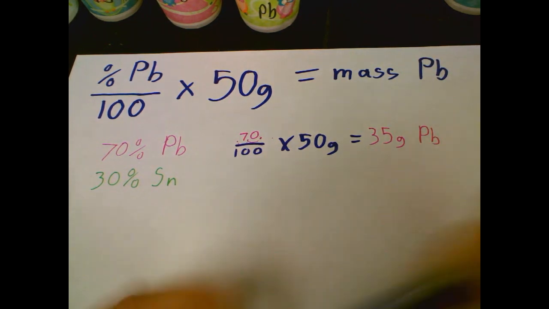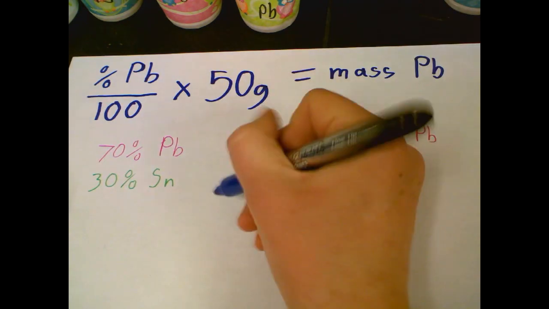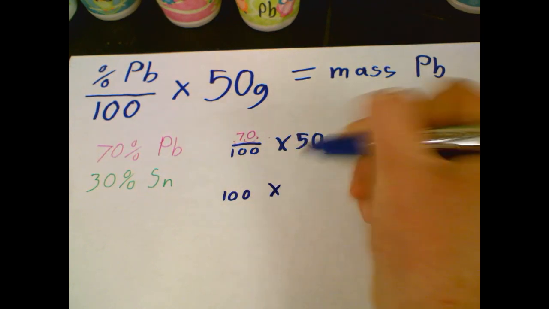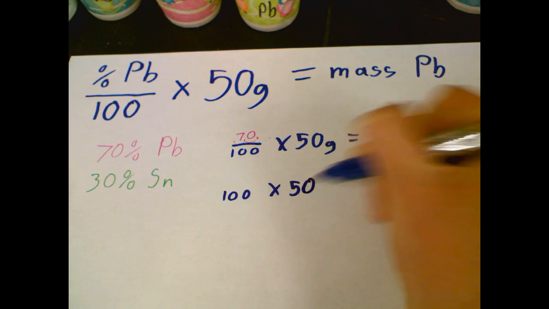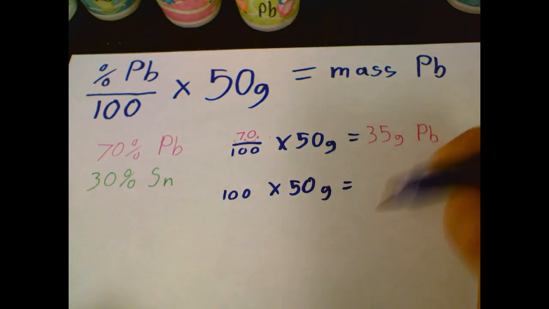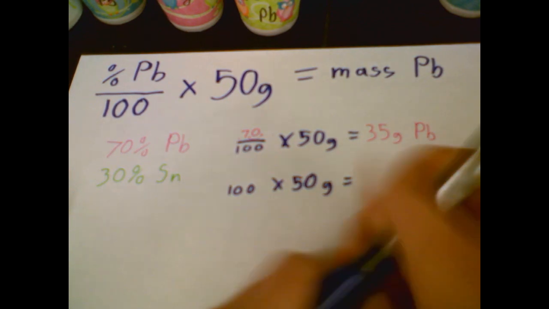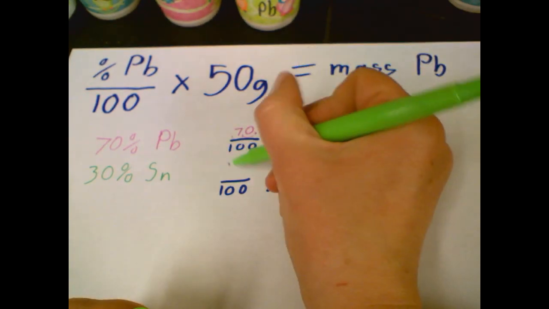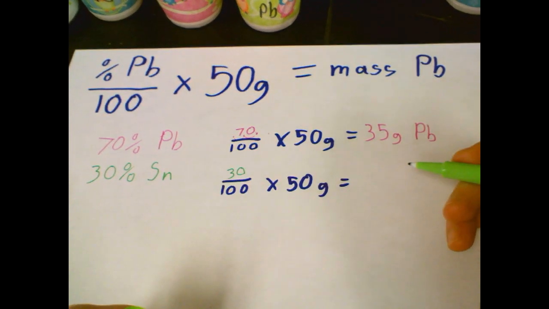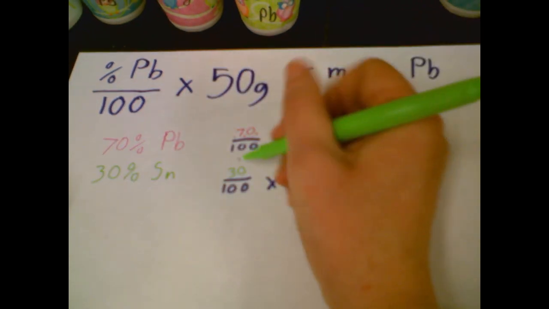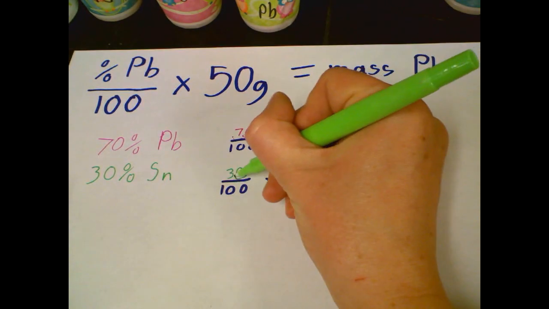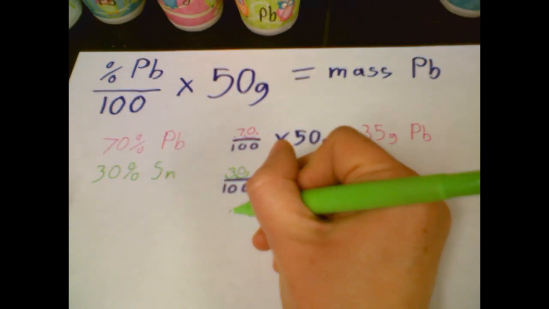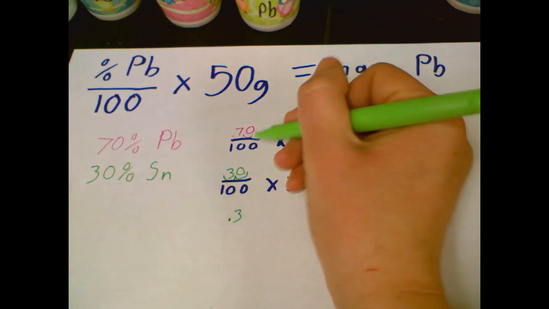Now, let's do the same with the tin. Let's just write in our equation again. And our percentage of tin is 30%. So once again, same thing happens, and the value ends up being 0.3, just like up here it ended up being 0.7.